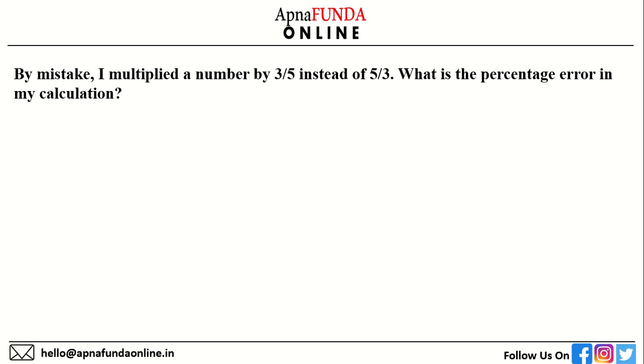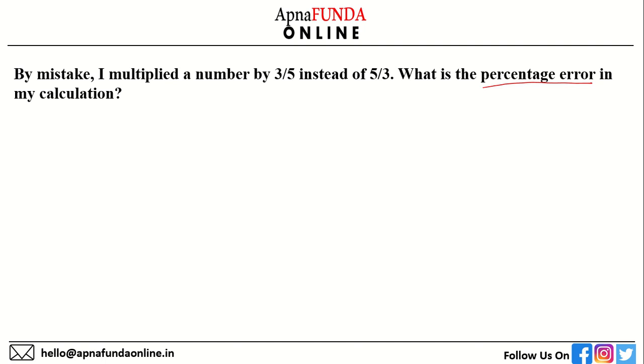First question. By mistake, I multiplied a number by 3 by 5 instead of 5 by 3. What is the percentage error in my calculation? What is asked to find is the percentage error. I had to multiply a number by a certain number, but I multiplied it by another number.